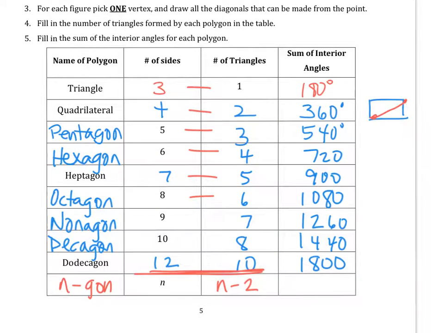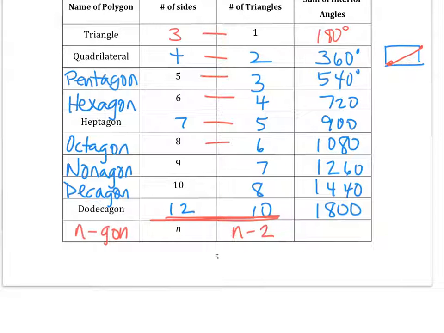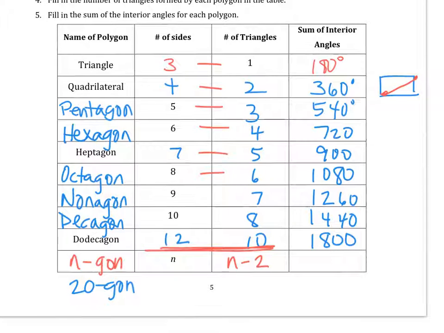If I wanted a 20-sided figure, I'll just say 20-gon, meaning a 20-sided figure. You just really need to know the names up to dodecagon. After that, it'll just be numbers. Now, do you see a relationship between the second column and the last column?